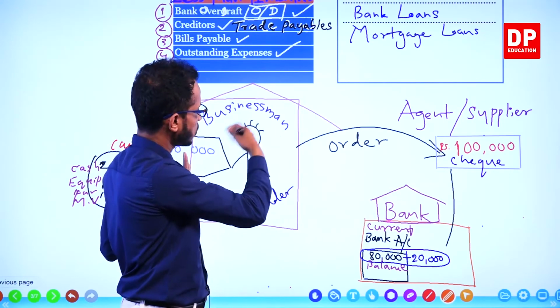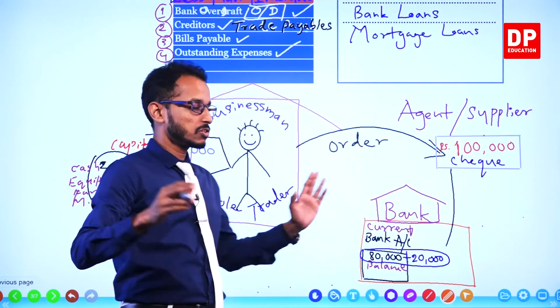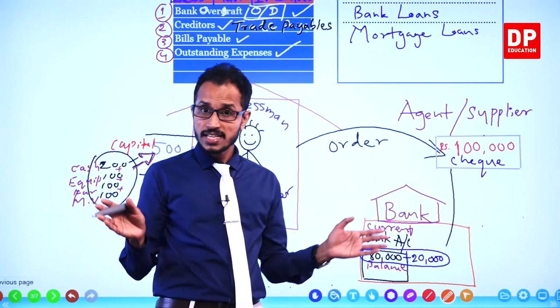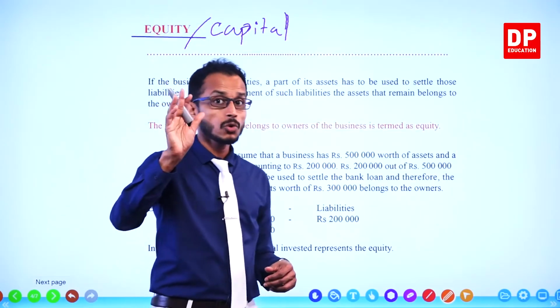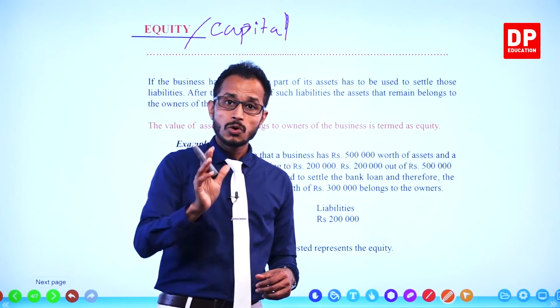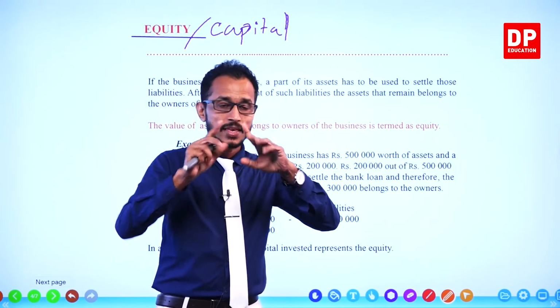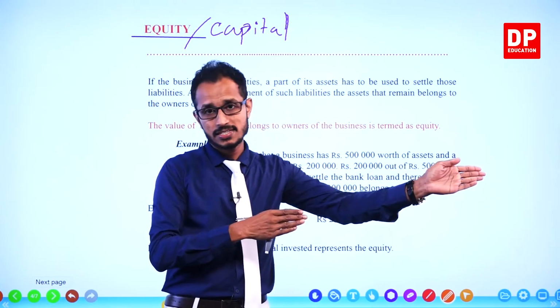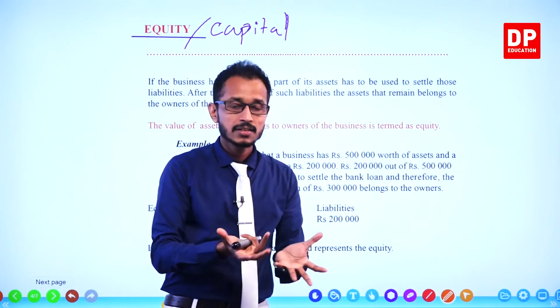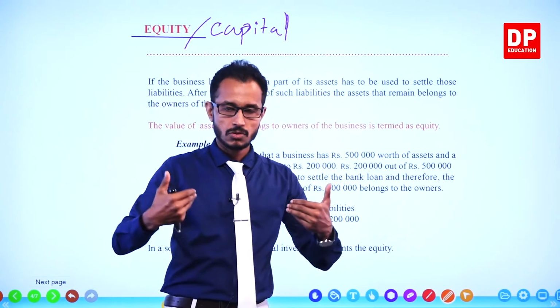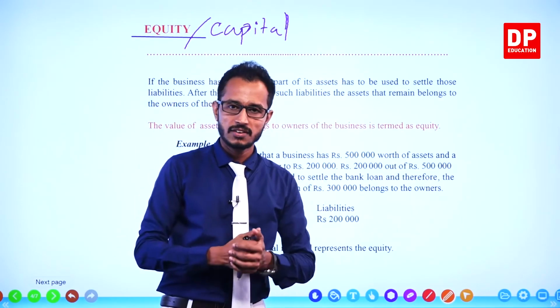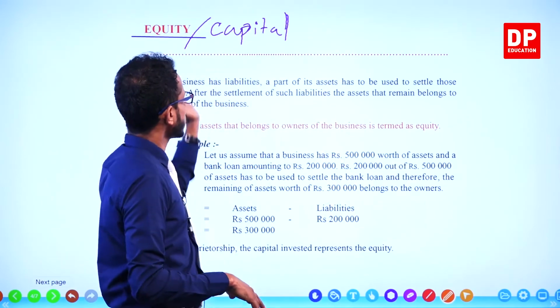Mobile phones are displayed, maybe worth millions. All these assets, if we take them as total assets, and from those total assets you deduct your liabilities, the remaining assets are the owner's equity, or my capital that I have invested. That is what it says here.